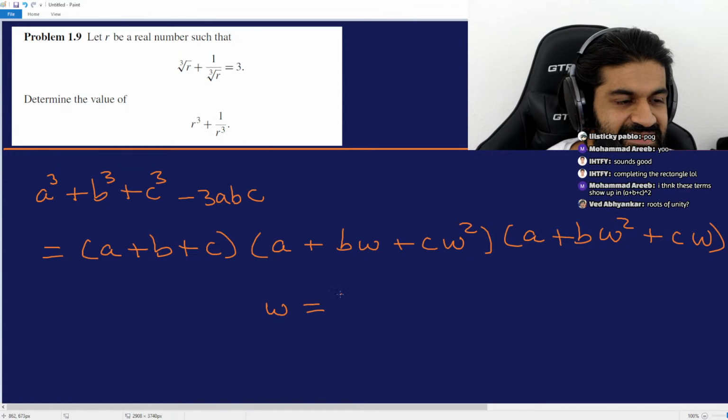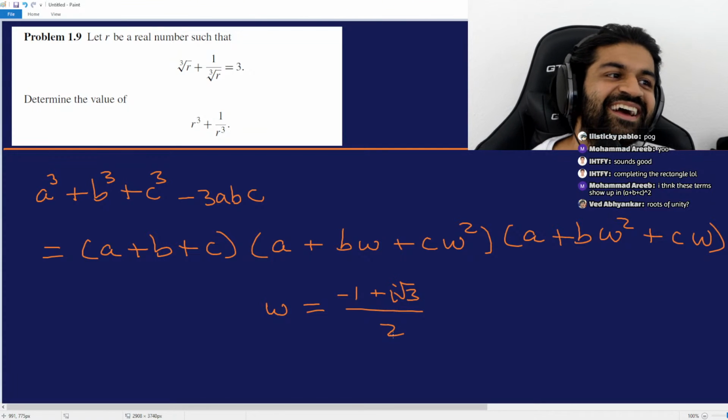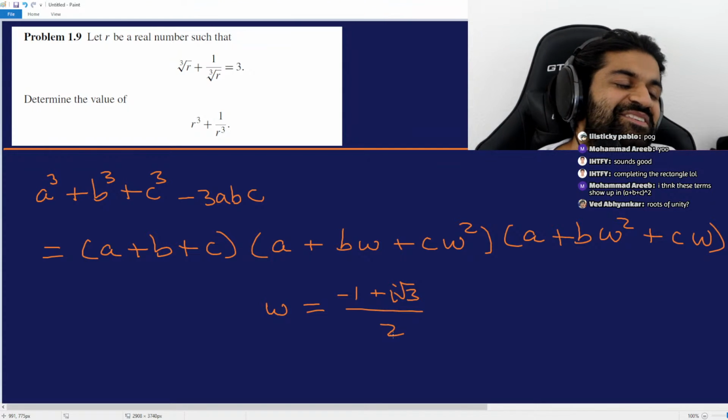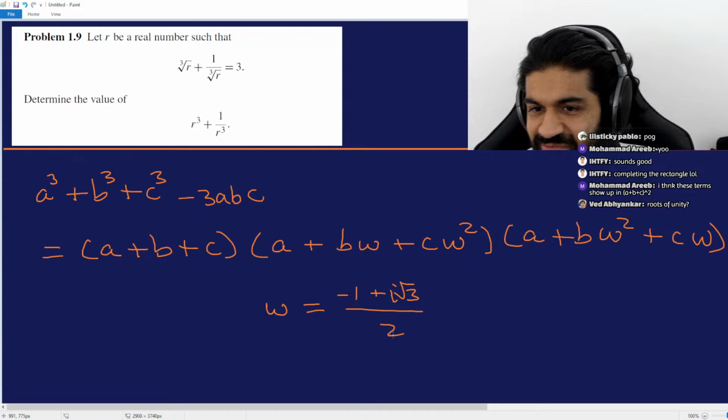So omega is like negative 1 plus root 3i over 2. How cool is that? So this factorization is very, very beautiful, I think, and also quite powerful.